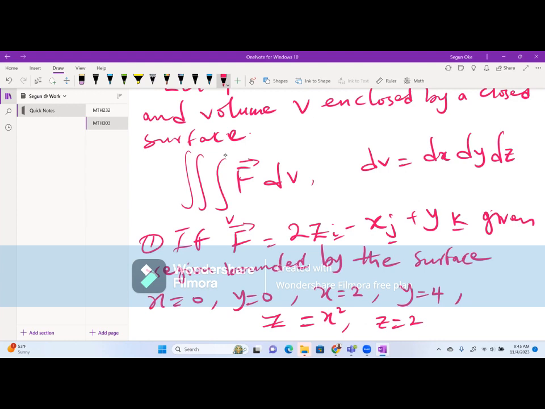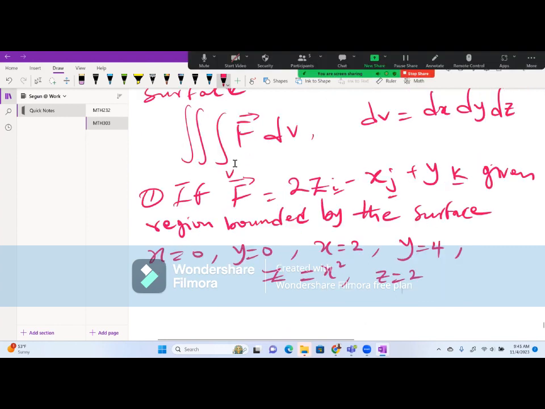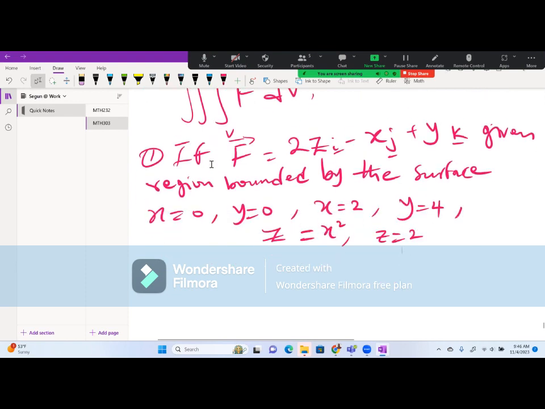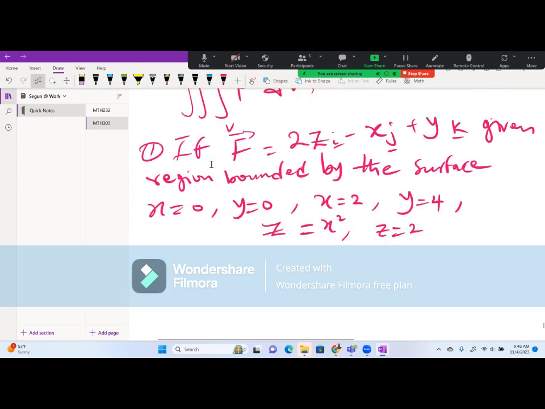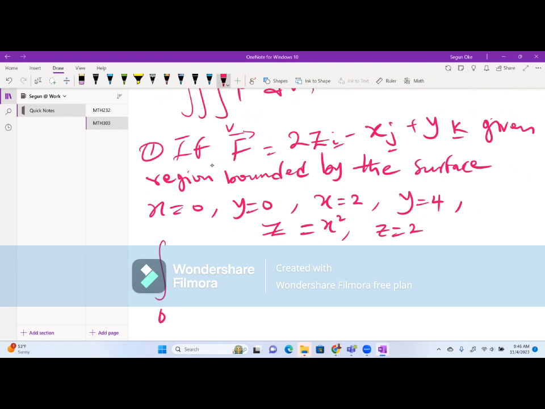So what it simply means is we know our F, we know the boundary condition. Now let's substitute them one after the other. For x, the lower limit is 0, the upper limit is 2. For y, when y equals 0, the upper limit is 4.